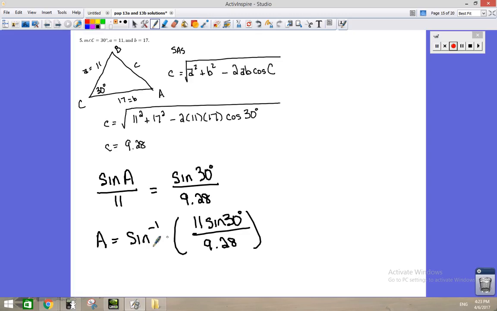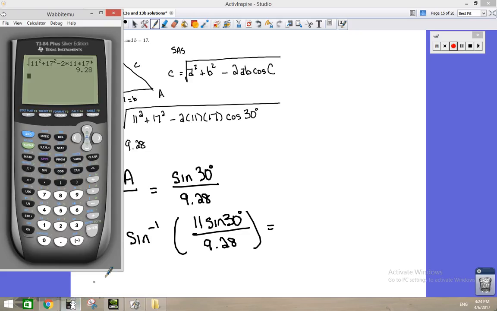I know for certain that the inverse sine is only going to return angles in quadrant 1. Angles that are in quadrant 4, when you use the inverse sine, are negative angle measures, and inside a triangle I don't have negative angle measures. So I know this is going to be a quadrant 1 angle, and since it's not opposite the longest side, that would be correct. There's no way that this angle A should be an obtuse angle.